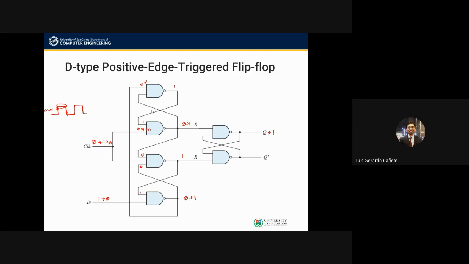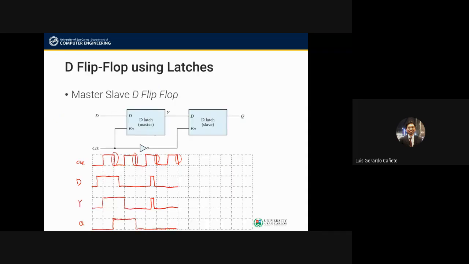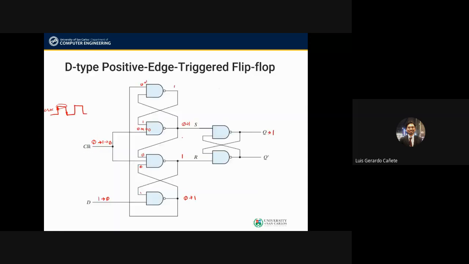I do believe that a lot of actual integrated circuits are implemented using master-slave flip-flops, because this might require a little less gates. So you have 4 gates, you have 8 gates here. This one has 6 gates only. So maybe this one will also work. And it's all NAND gates in any case. So this is how you would transform a latch to a flip-flop, in particular the D type of flip-flop.